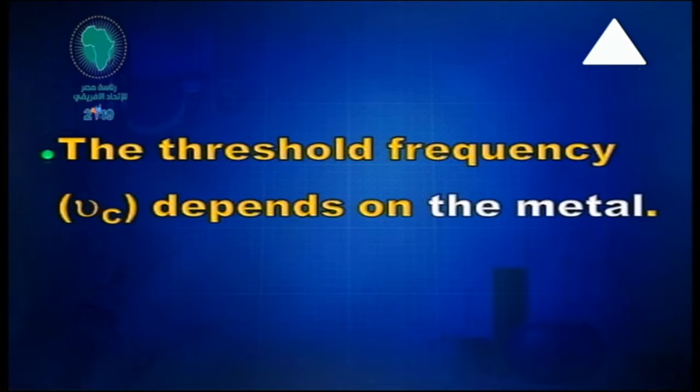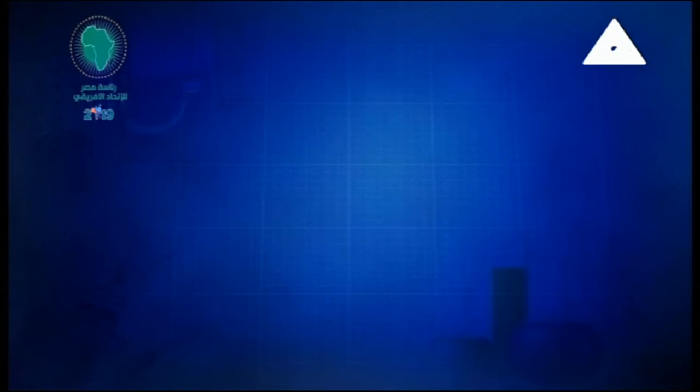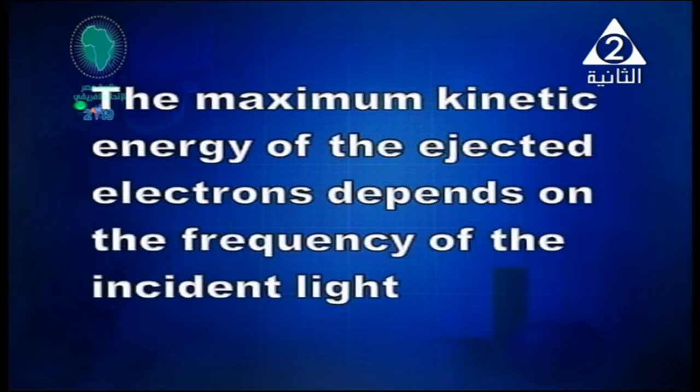What about the threshold frequency, the critical frequency, the cutoff frequency? The threshold frequency depends on the metal. The maximum kinetic energy of the ejected electrons, and I've just mentioned it, depends on the frequency of the incident light. This is a very important piece of information.